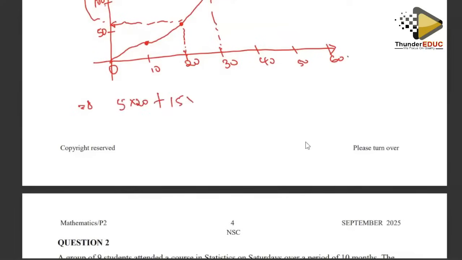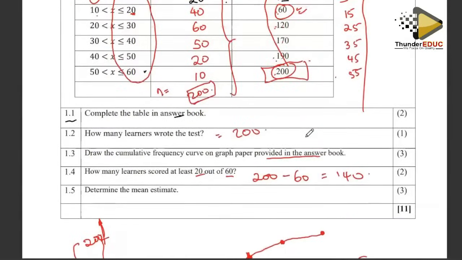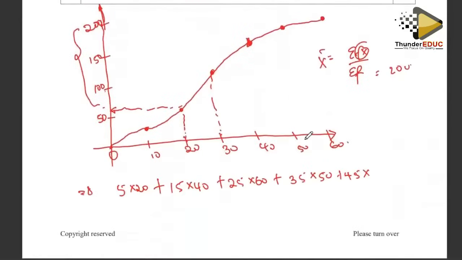The next one is 15 with 40. And then we have 25, multiplied by 60. And then 35 by 50. Then we have 45 multiplied by 20. And then the 55 with 10. And then the answer we get, we divide by a total of 200.